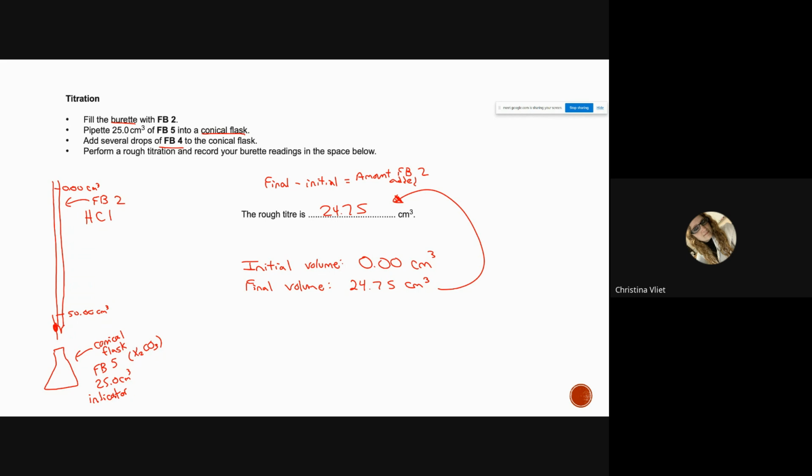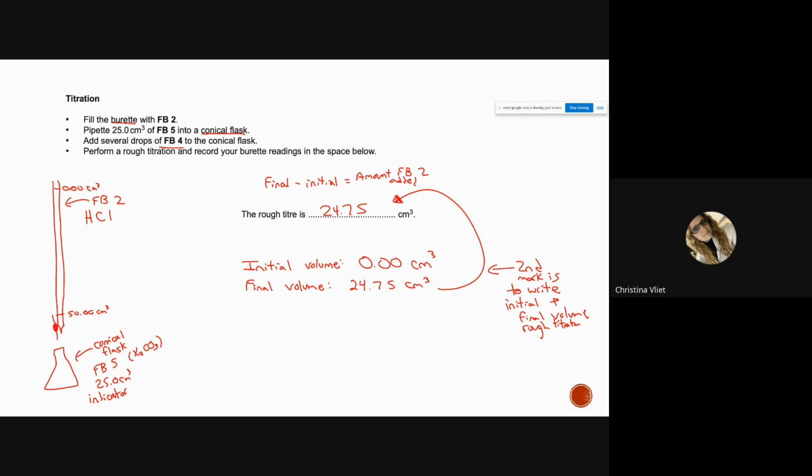So the second mark is to write the initial and final for the rough titration. Meaning if you just wrote 24.75 and you didn't write what your initial volume was and what your final volume was that led to that, you don't get the second mark.